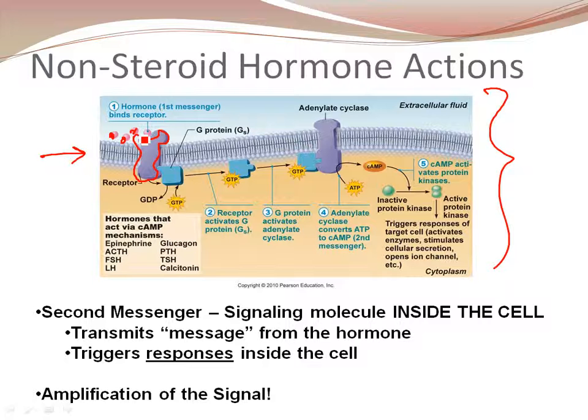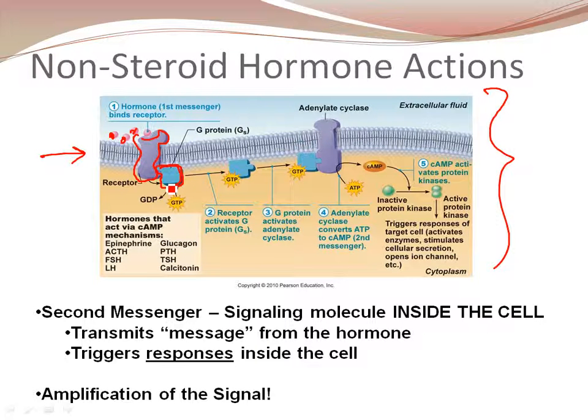What happens in the case of many hormones is that once the hormone binds its receptor, there are other proteins along the inside of the cytoplasmic membrane that are called G proteins. And again, don't worry about the nitty-gritty details here.